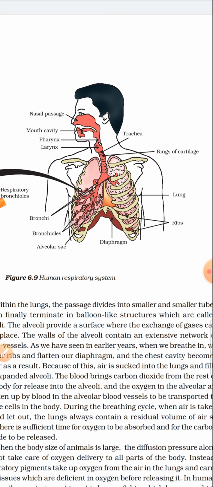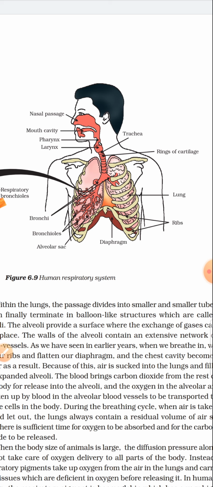From the nose, through the nostril and the nasal passage, the air is pumped into the pharynx. From the pharynx it moves towards the trachea. This trachea is lined by rings of cartilage. And why are the rings of cartilage present? To avoid collapse of the trachea, these rings are present.